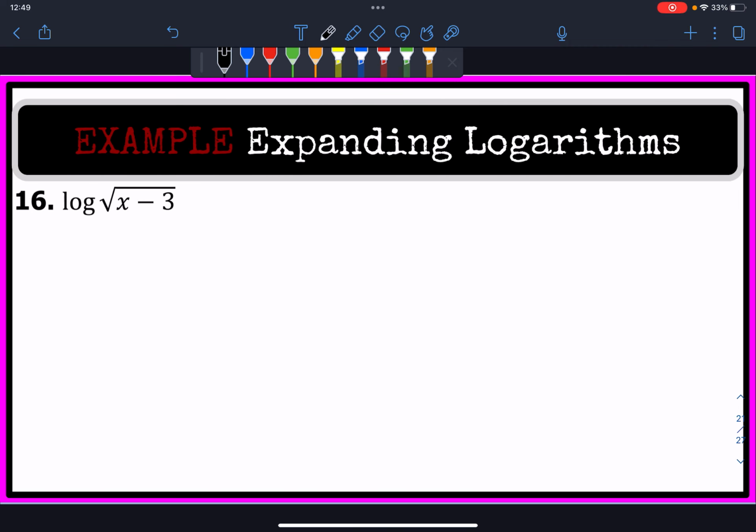Now, to expand it, we pull the exponents to the front and multiply by the exponent. So here it doesn't look like we have something to an exponent, but you recall what we just wrote in the previous slide: if we take the square root of something, that's equivalent to getting that base and raising it to the 1/2 power.